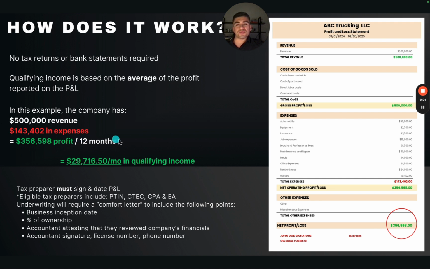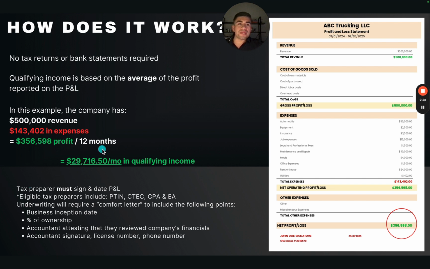When we divide that by 12 months, that gives you an average of $29,716.50 per month in qualifying income. That's basically what underwriting is going to use to qualify you, right? As long as your DTI is within compliance, which by the way, the max DTI is typically about 50%, you will be good to go.